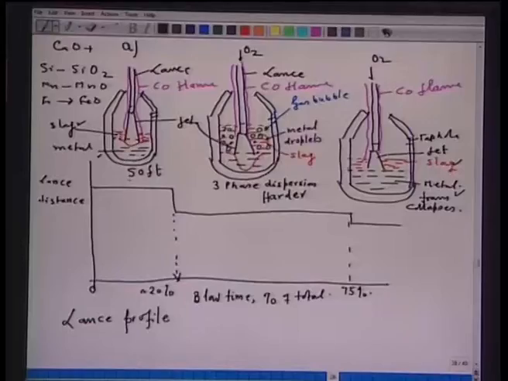Now, here one thing also to note: from the beginning to the end there is a continuous removal of carbon. However, in the beginning the removal rate of carbon is very low, because most of the oxygen is being utilized by oxidation of silicon, manganese and iron.